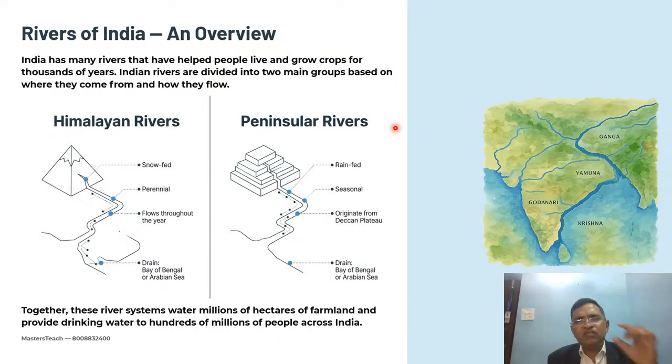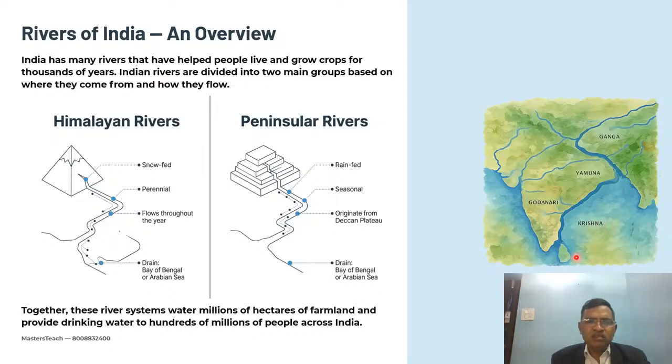Then rivers of India. Let us look at how the rivers divide into two kinds. One is Himalayan rivers, and the second is peninsular rivers. In the Himalayan region, the snow melts and flows throughout the year, then goes into the Bay of Bengal and Arabian Sea.